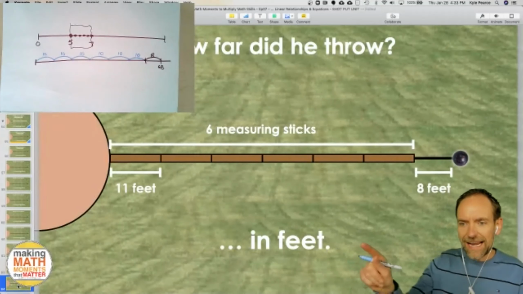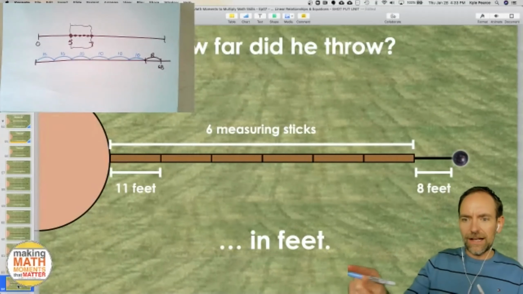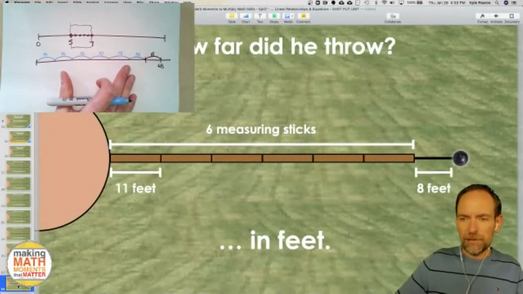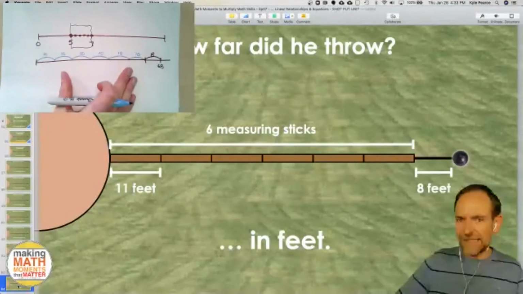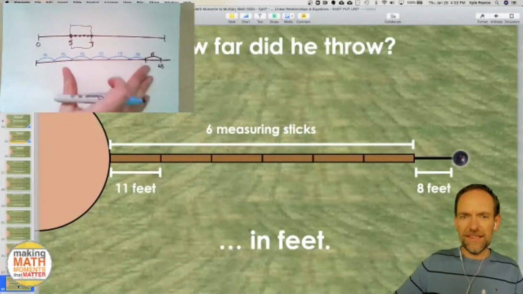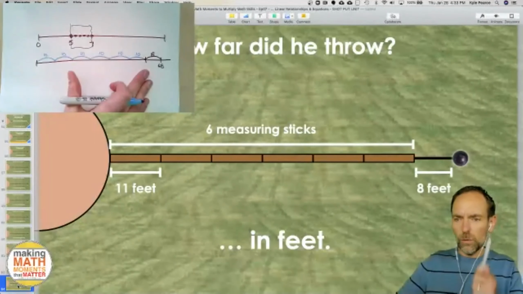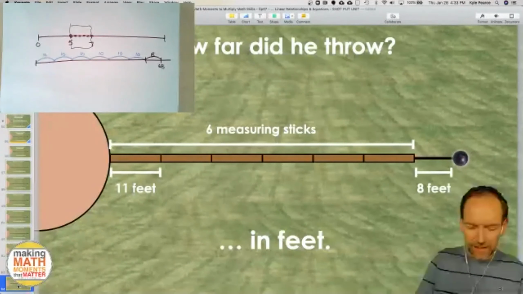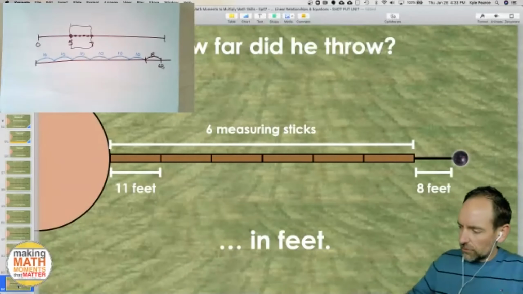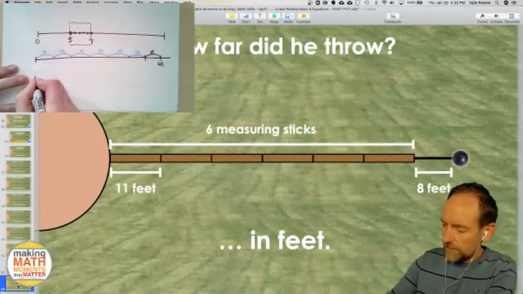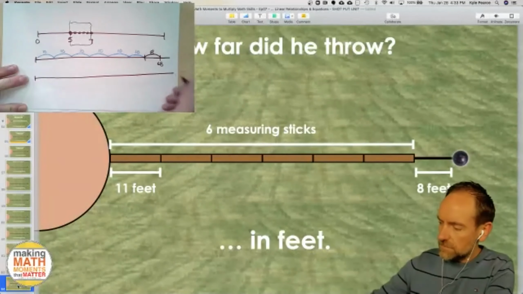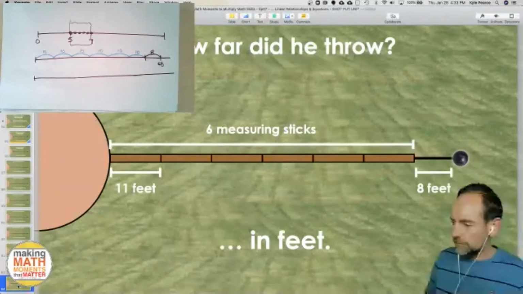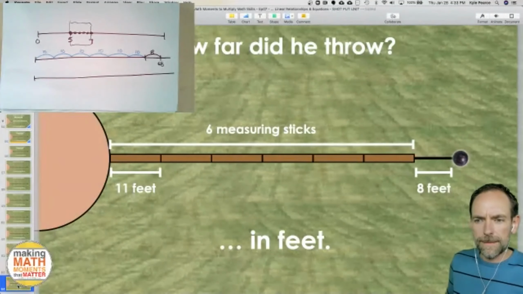All right. That is the measurement of each stick. I want people to update this, maybe even looking at this particular representation, and try to think how would this change given what we now know, and what's it going to change about this particular representation? So in the chat, try to model your thinking as best you can with how you would calculate now, knowing it's 11 feet.